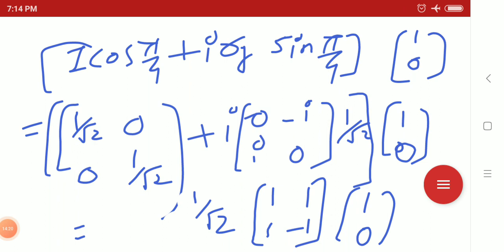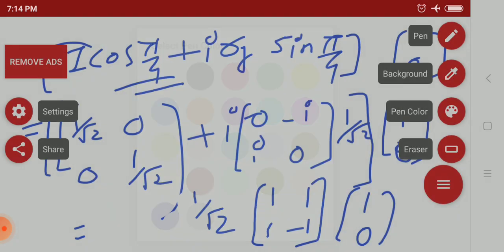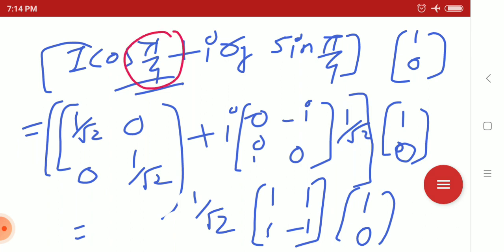Now after calculation, I is the identity matrix [1, 0; 0, 1] multiplied by cos(π/4). That will give you 1 by root 2 times the identity: [1/√2, 0; 0, 1/√2]. Plus i into σ_y, which is [0, −i; i, 0].